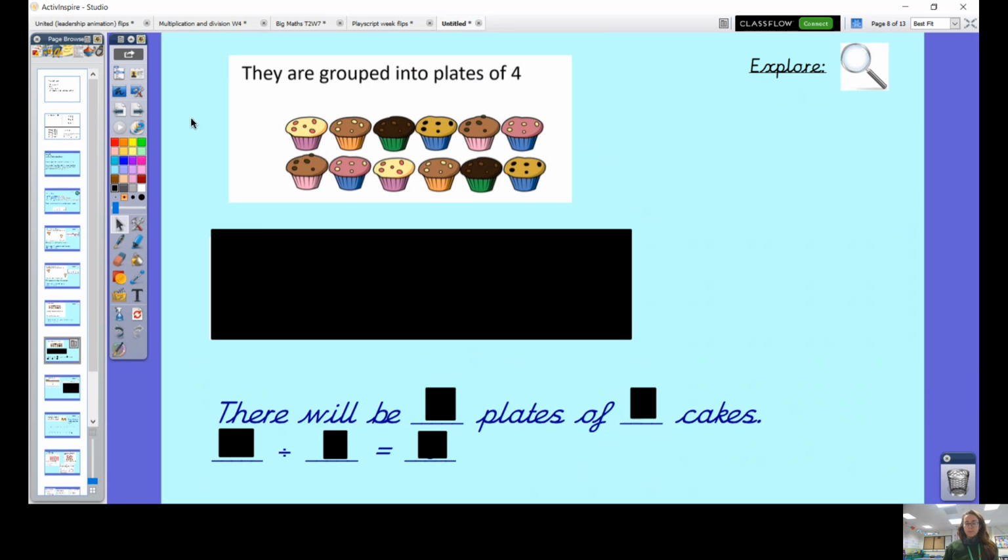Now this time you might want to get your objects if that's more helpful, or again you could draw little dots into your book to represent the cakes. This time I'd like you to group them into plates of 4. So if you're using your pencil, one group would look a bit like this. Okay, so grouping them into 4s. Do that now, and again have a little think about that sentence underneath.